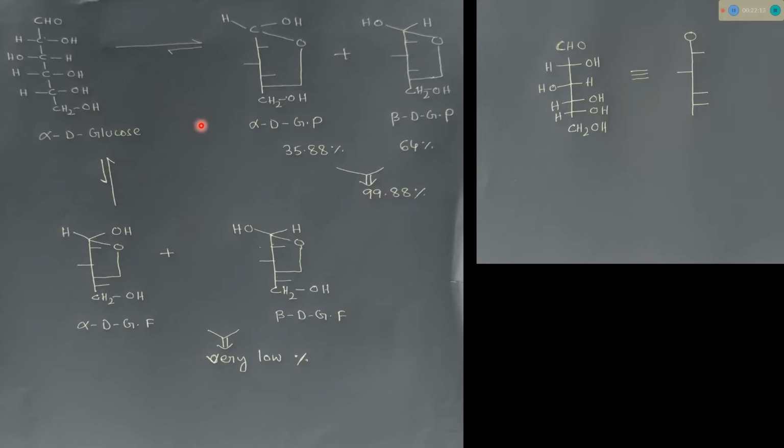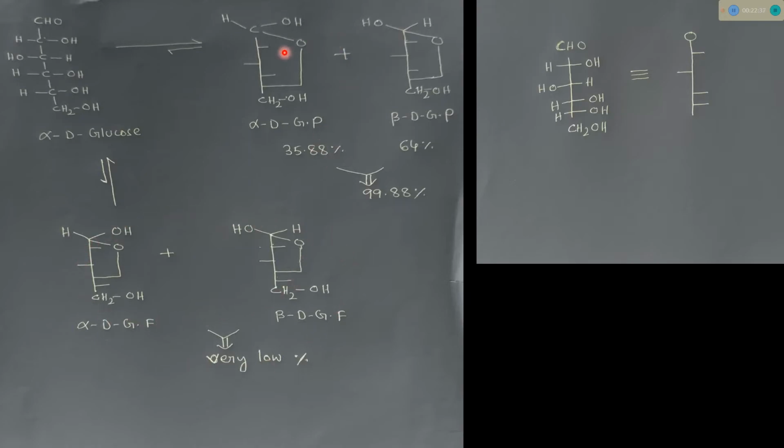So in the equilibrium concentration 99% proportion is present of this anomeric form, and less than 1% proportion is present in these two forms.